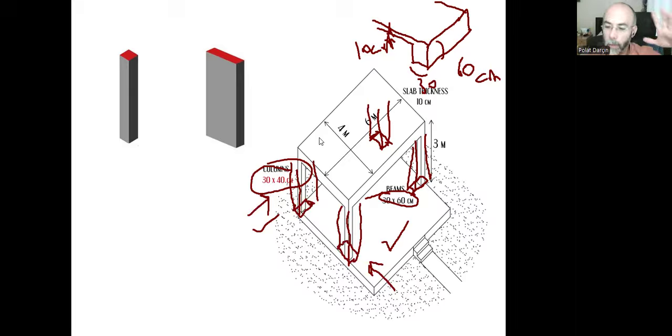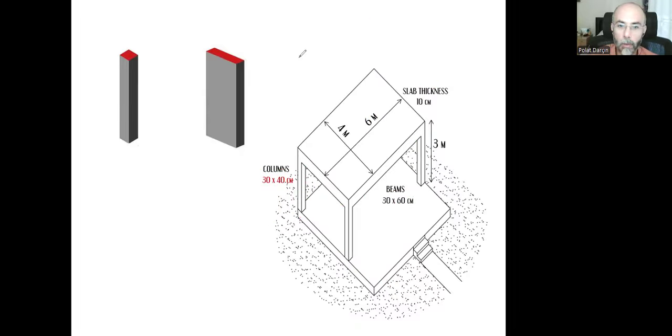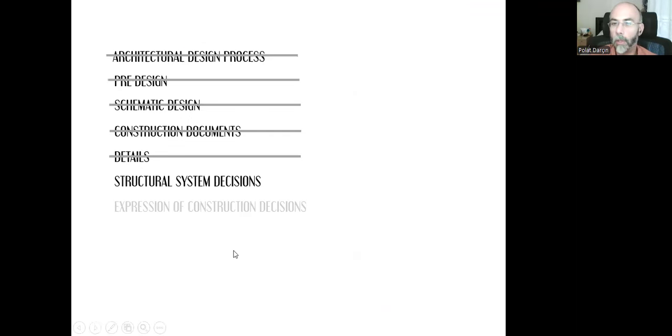If we haven't decided yet, then there's nothing for us to draw. So during the drawing phase, we are going to draw what we have decided: only four columns, four beams, and one floor slab, without any walls, windows, or furniture.